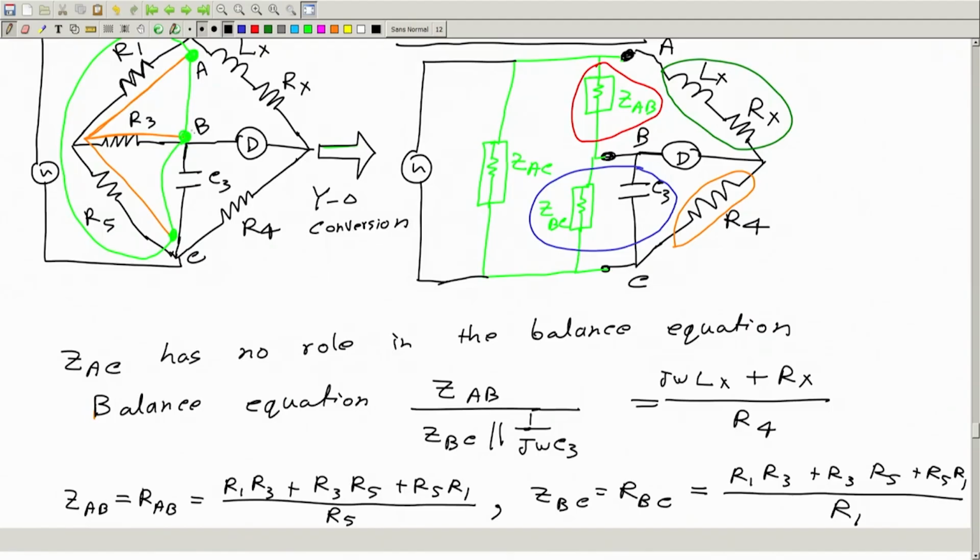This R1 is not connected to B or C. So, this is the formula.